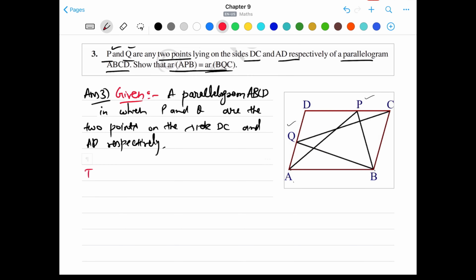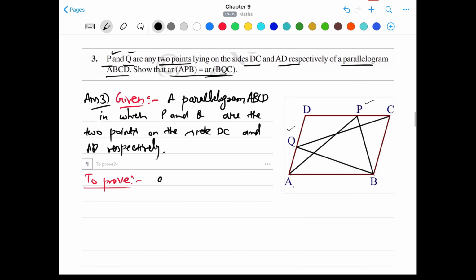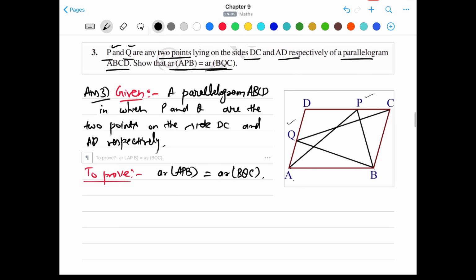Okay, and we have to prove that the area of triangle APB is equal to the area of triangle BQC. We have to prove that the area of these two triangles is equal. So let's start its proof.